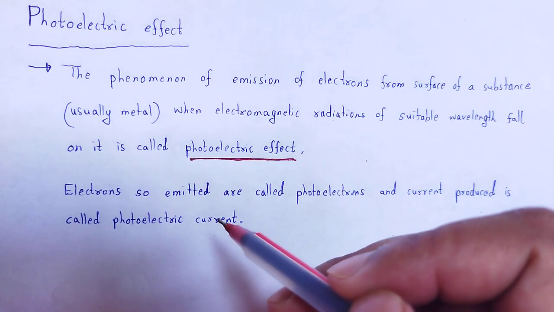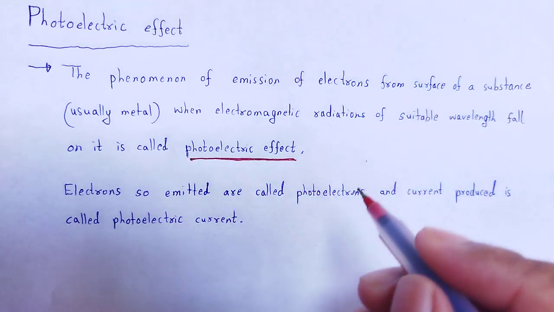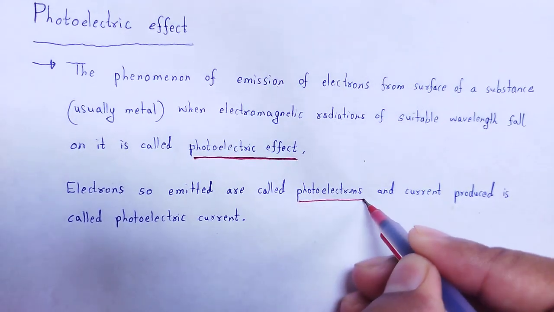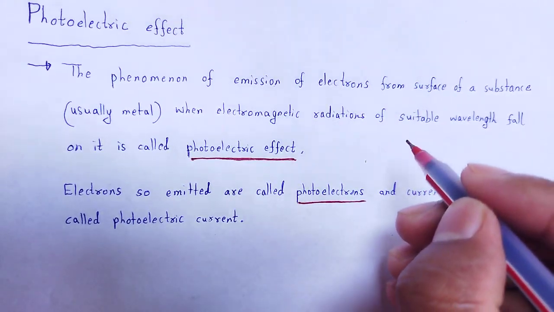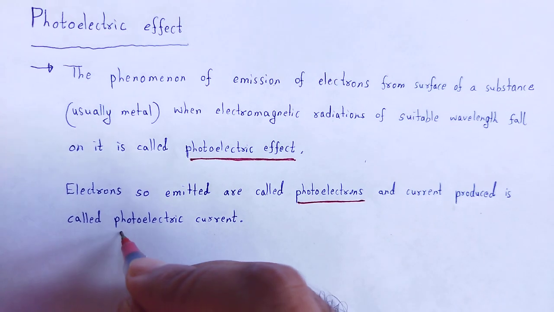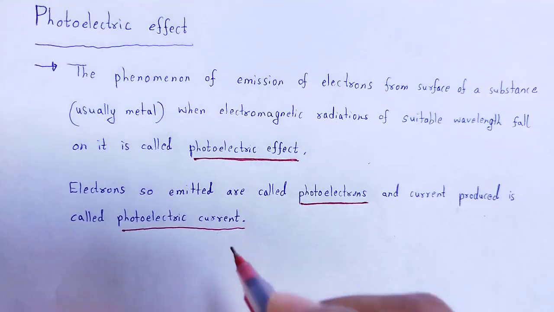The electrons emitted from that process are called photoelectrons, and the current produced is called photoelectric current.